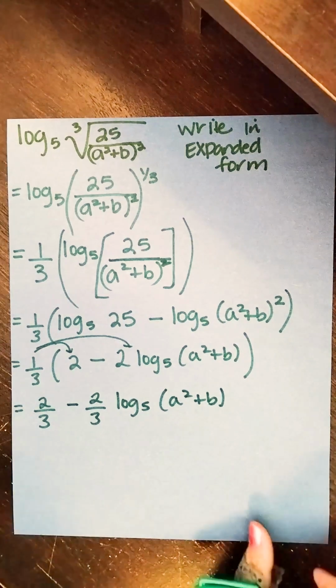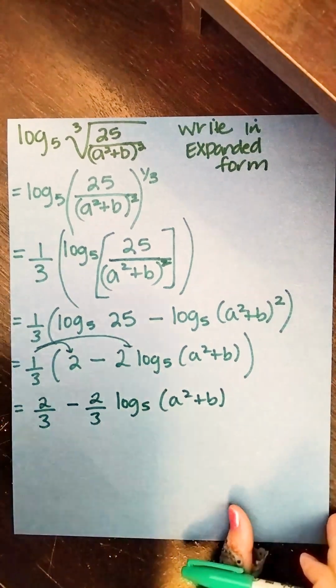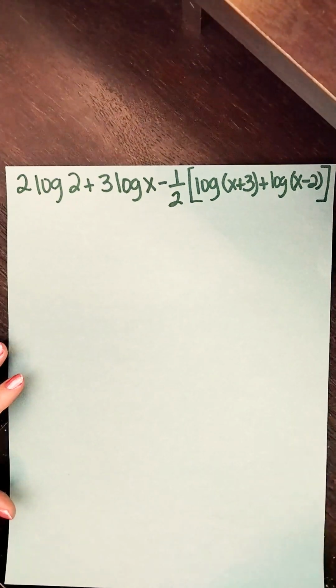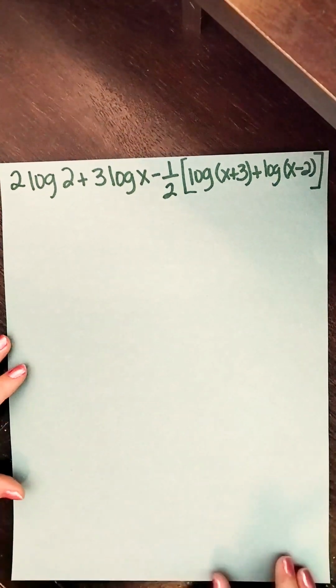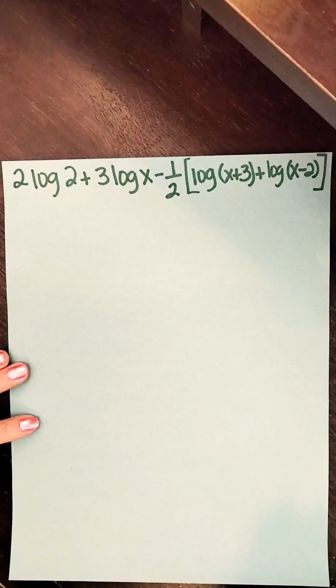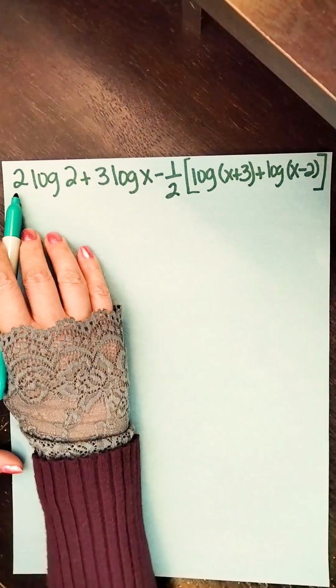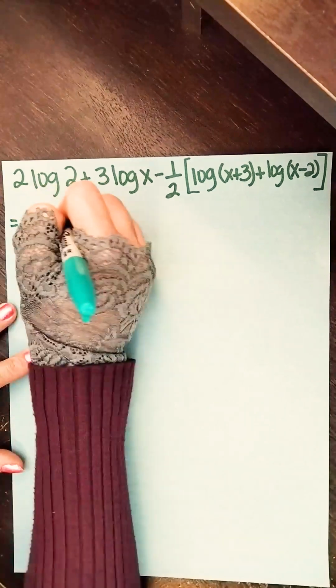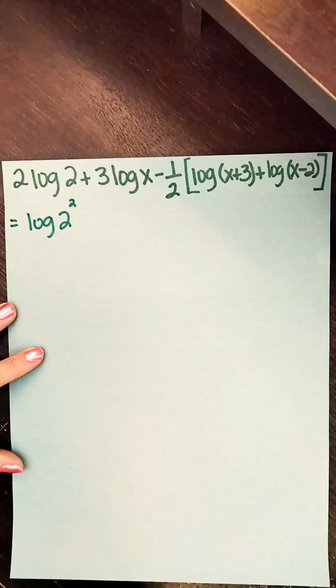And then we can do one where we write it in condensed form, where we go the other way. So here I see that I have this number right in front of the log. So that can be written as a power.